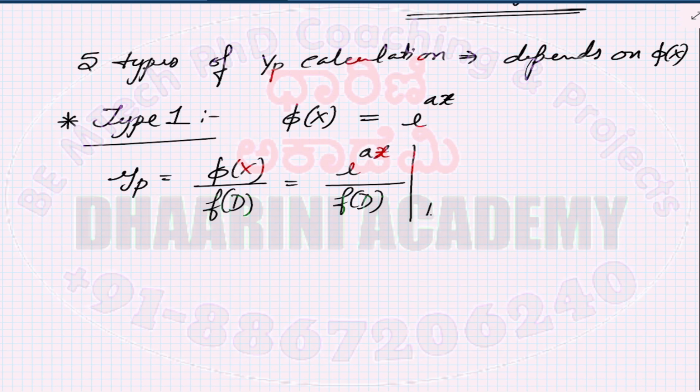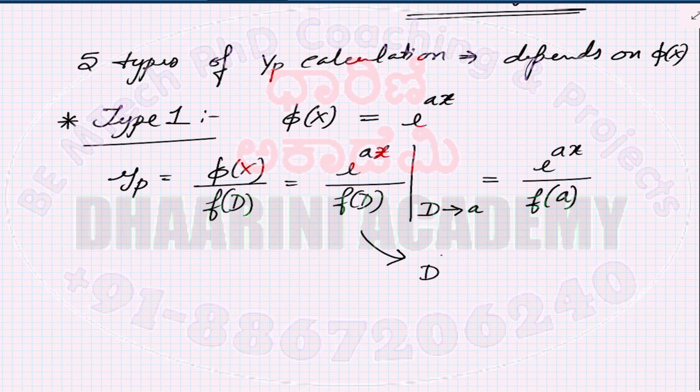Simply replace the D by a. In the sense, in the f of D, replace every D by a. That means it's going to be e to the ax whole divided by f of a itself. Replace every D by a. So for example, if f of D, let's take an example.